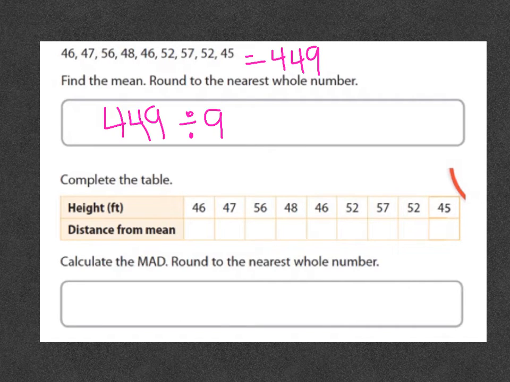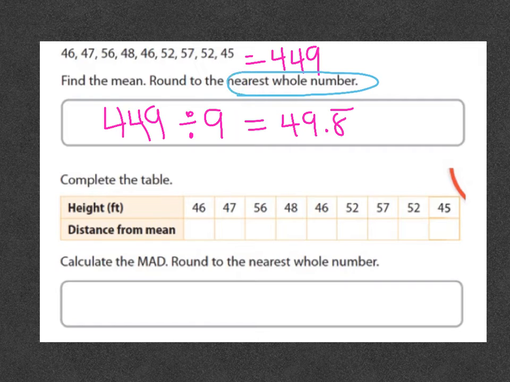This particular list only has 9 numbers in it. 449 divided by 9 is 49.8 repeating. And then again, this question also says round to the nearest whole number, and that would make me get 50. 50 is the mean of the set. It's not the mean absolute deviation, it's just the mean.